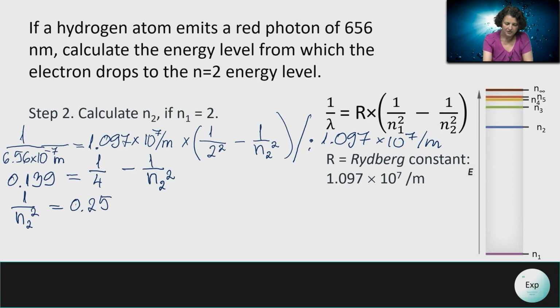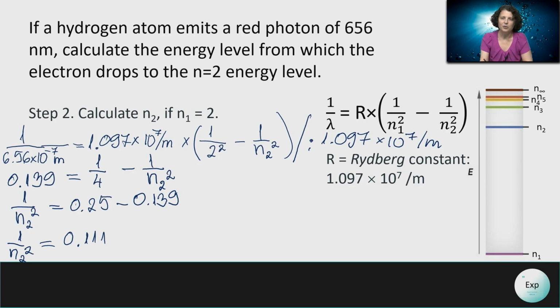And the positive 0.139 from the left side will become negative 0.139 on the right side. This tells us that 1 over n2 squared is equal to 0.111.